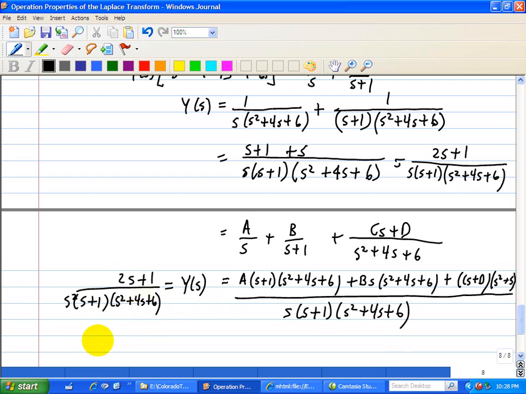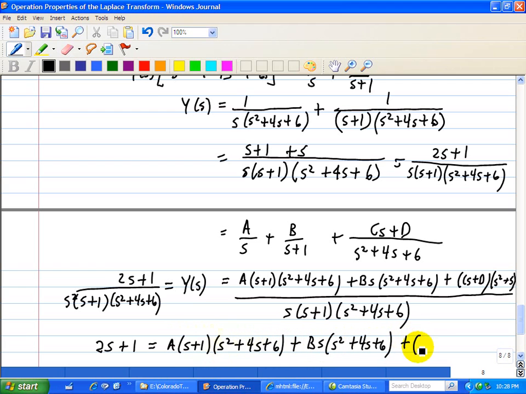So that would be just 2s plus 1 is equal to a times s plus 1 times s squared plus 4s plus 6, plus b times s times s squared plus 4s plus 6, plus quantity cs plus d multiplied by s squared plus s.